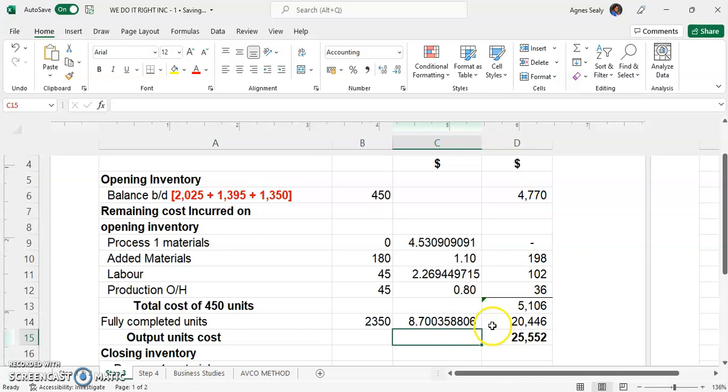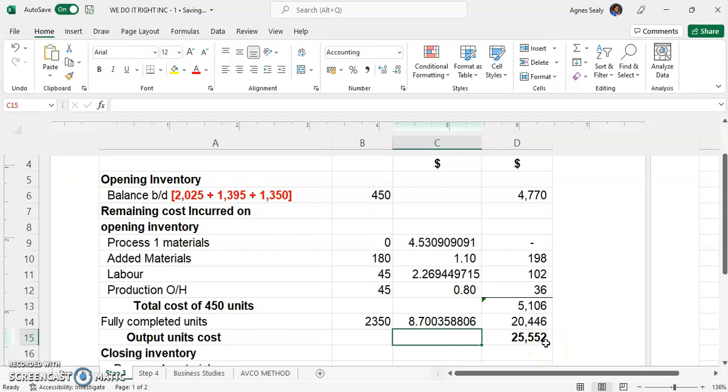And when we multiply the 2350 by our total cost per equivalent unit, we get a value for our fully completed units of $20,446. So when we add the cost of our fully completed units of 2350 to the cost of our 450 opening inventory units, we get an output unit cost of $25,552.